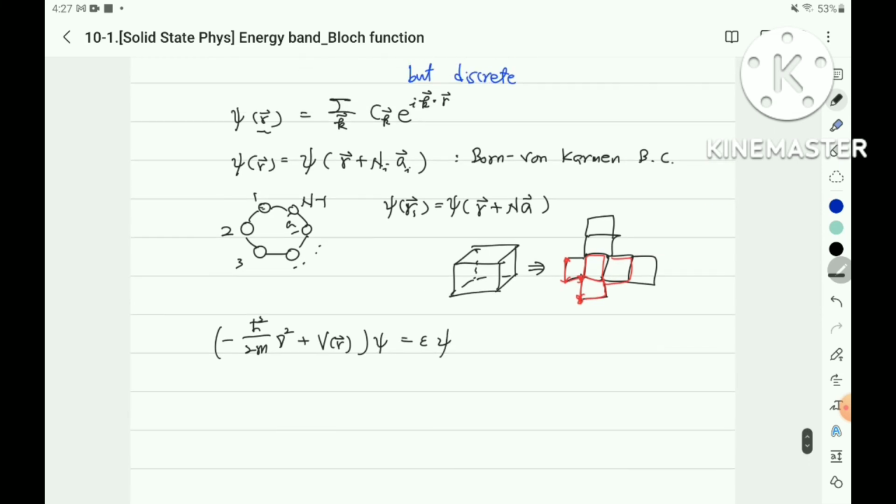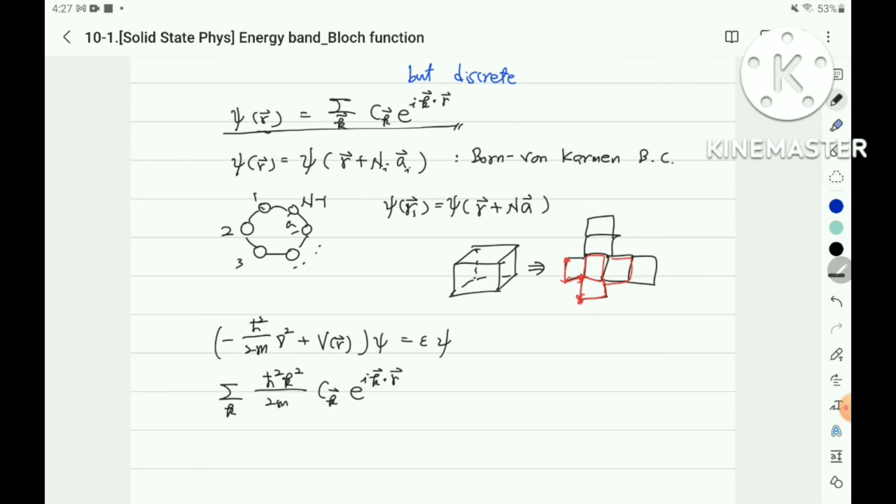Suppose that the wave function satisfies this form, and the second derivative in real space gives minus k squared. Therefore, from the first term, minus k squared becomes the summation over k of h bar squared k squared over 2m, C_k exponential i k dot r.